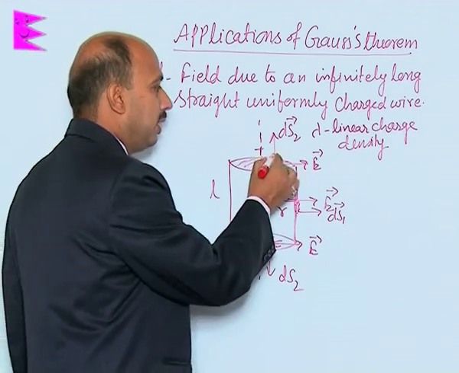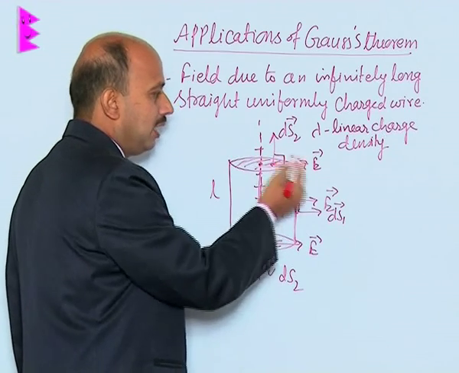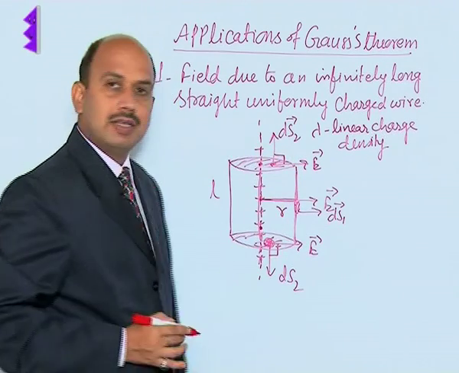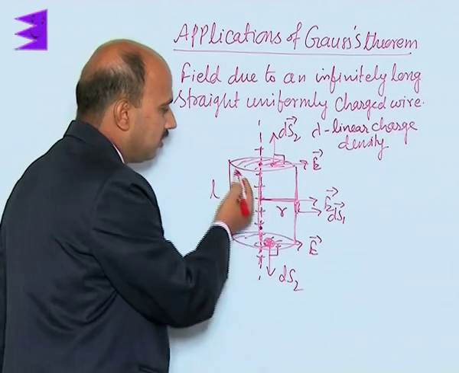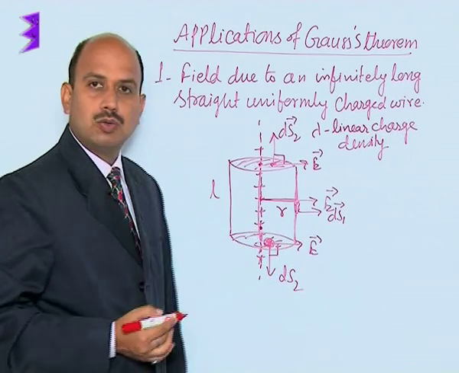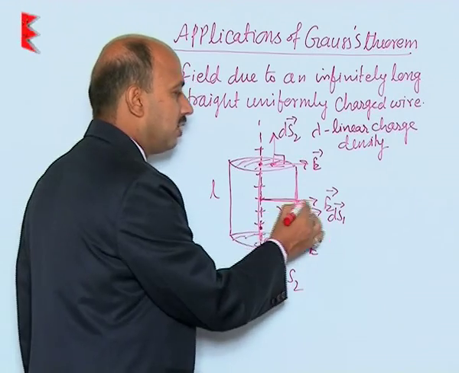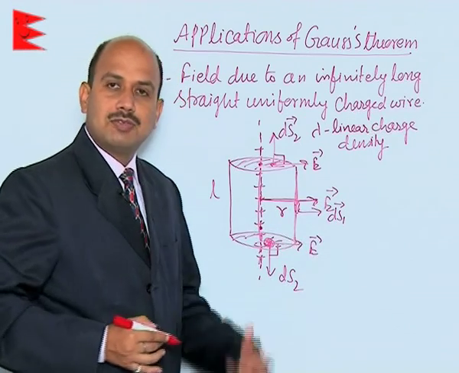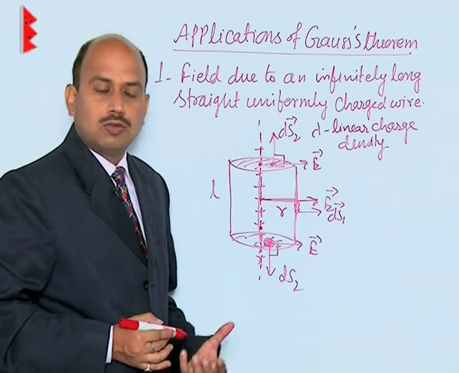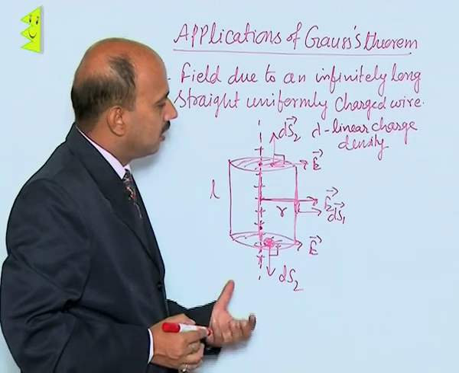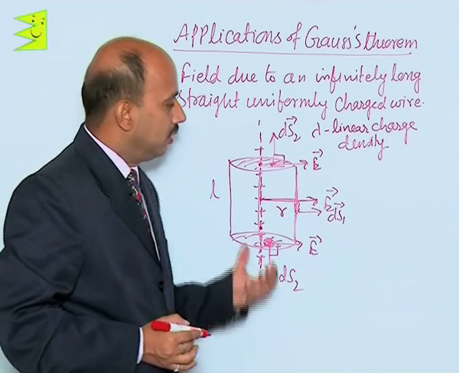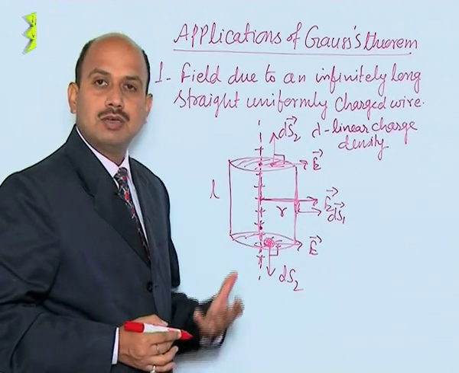Now between the area vector and electric field the angle is 90 degrees here. So the flux through the two circular surfaces is equal to 0, but the electric flux through the curved surface of this cylinder is not 0. So basically the flux is contributed only by the curved surface of the cylinder.